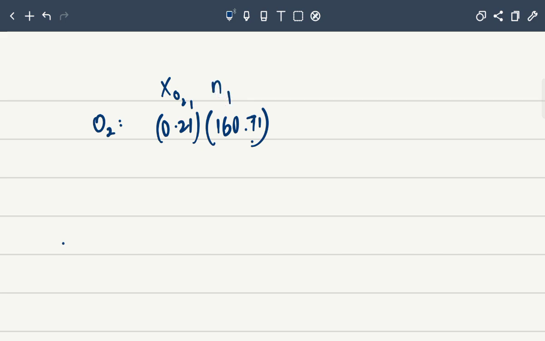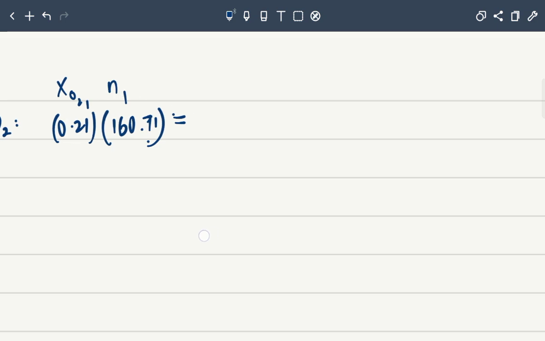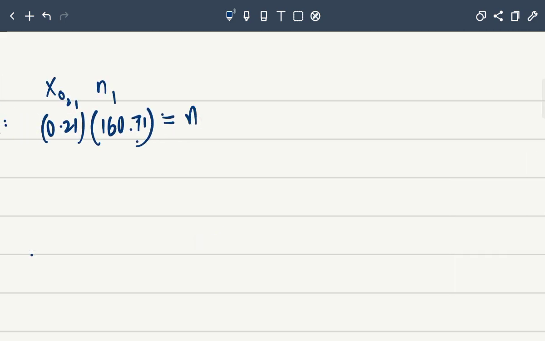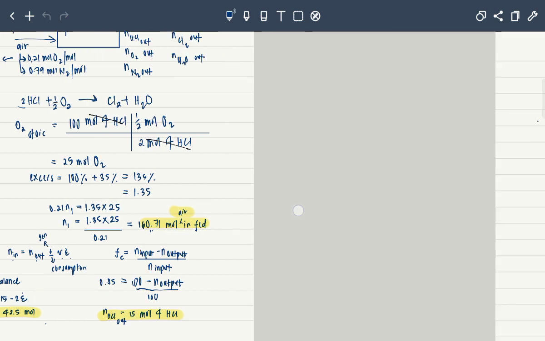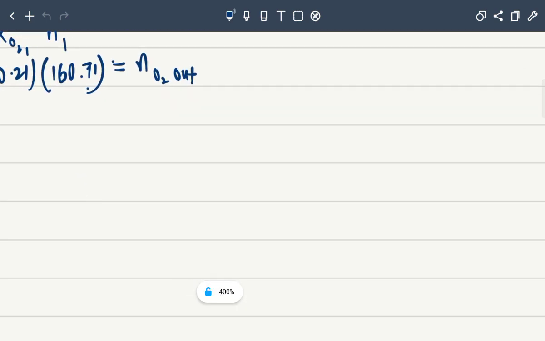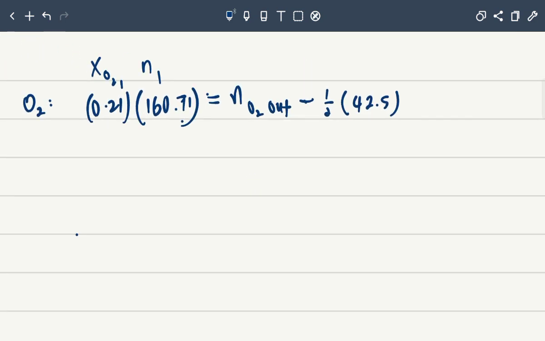Macam tu. Then output dia berapa? Tak tahu, kita nak mencari dia kan. So O2 out. And then tengok dia punya, dia adalah consumption. So 1/2 consumption, so negatif lah. Minus 1/2 times Z. Tadi dia punya Z adalah 42.5. Boleh guna balik. Beres. So N O2 out equals to 12.5 mol.